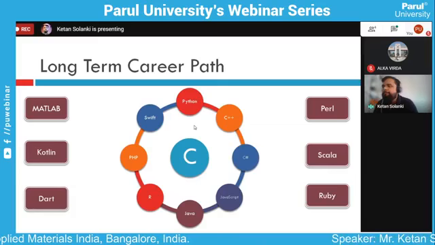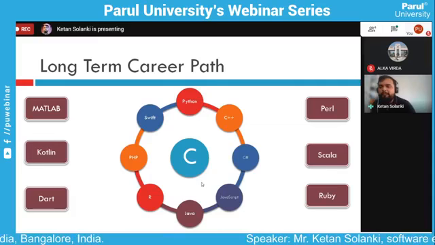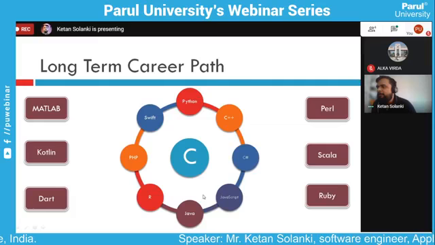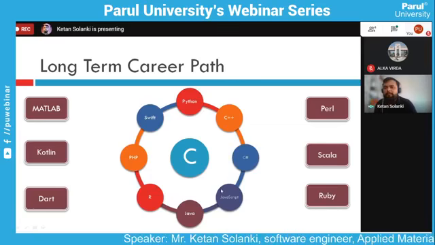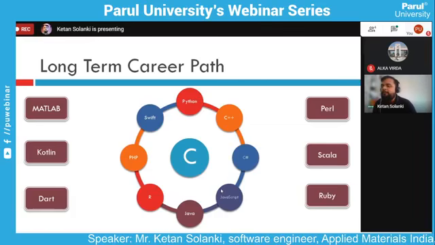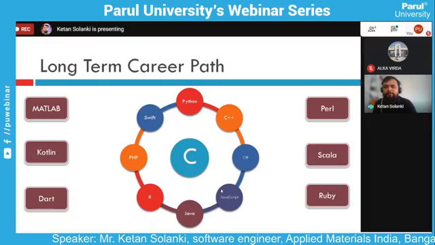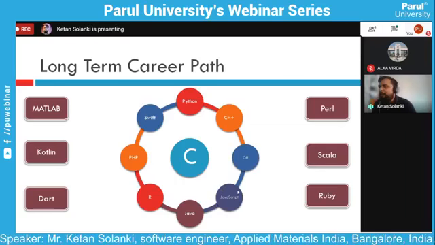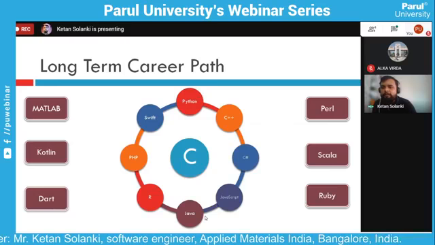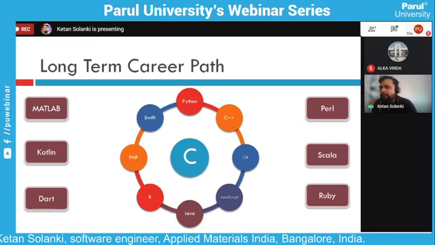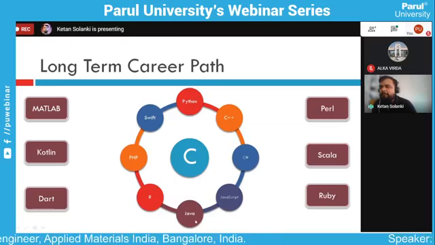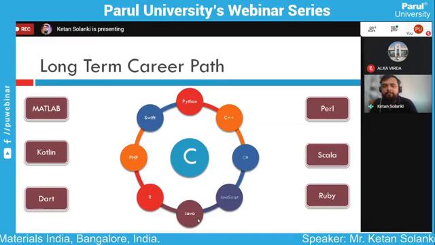And if we think about the application development side and the web development side, then second comes JavaScript. JavaScript is basically used to develop interactive websites and interactive web applications. Then comes Java. Java is a high level programming language, specifically used in some runtime environments.